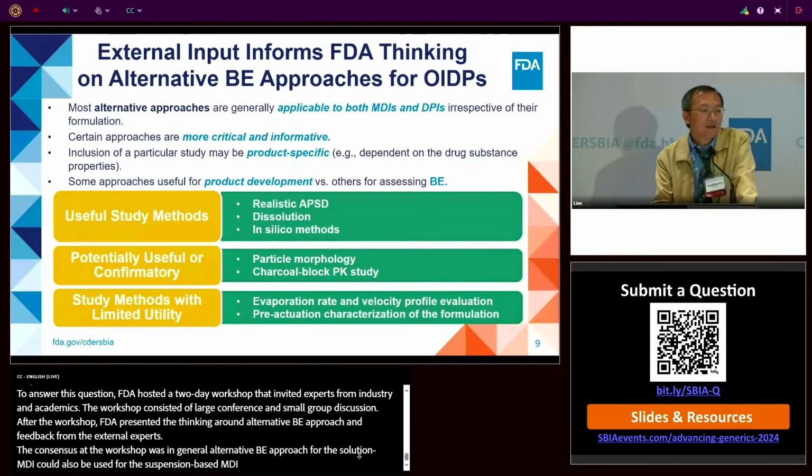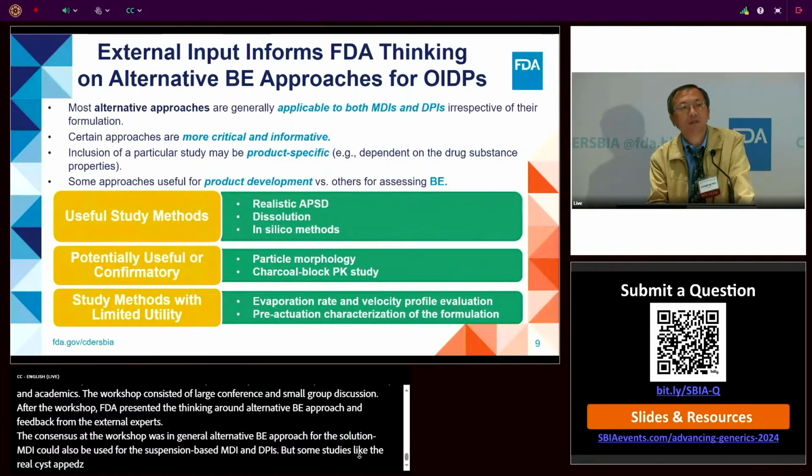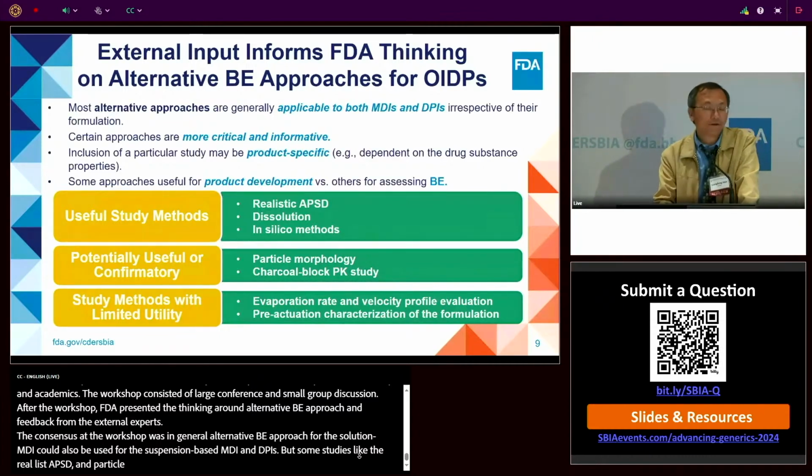But some studies, like the realistic APSD, dissolution, and in silico methods, are more useful to establish BE than other studies. And the particle morphology, charcoal block PK BE studies are partially useful or for the confirmatory purpose.